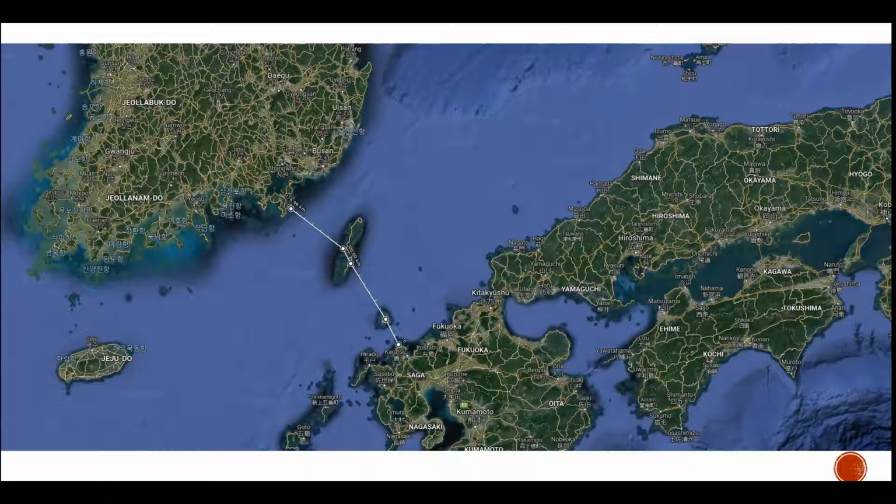Of course, now the longest sea crossing link in the whole world is the Hong Kong-Zhuhai-Macau link of China. But even that one is much shorter than 130 kilometers. So you can imagine the project of this link will be much larger than that one.